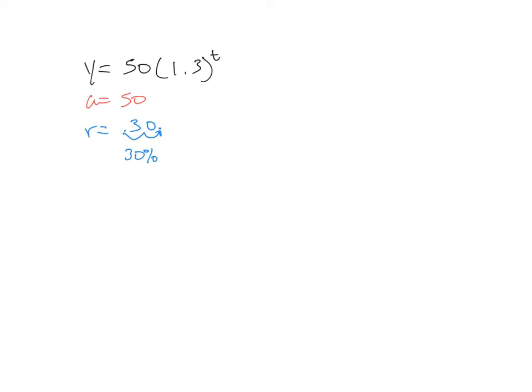Okay, and so some of them won't have the 1 plus, so you just look at this decimal part. This last one is just 1.3, so you're just looking at what's after the decimal, or how much bigger than 1 is it? 0.3. Okay, and so again, what is it when t is 5? Use your calculator.